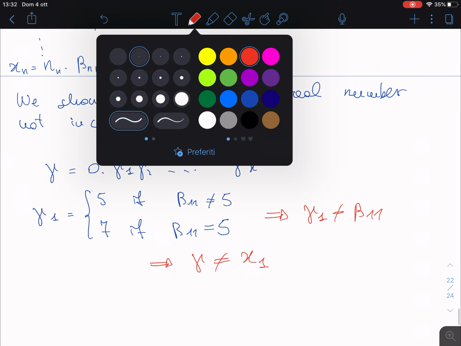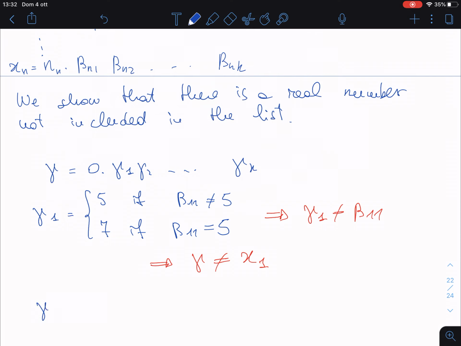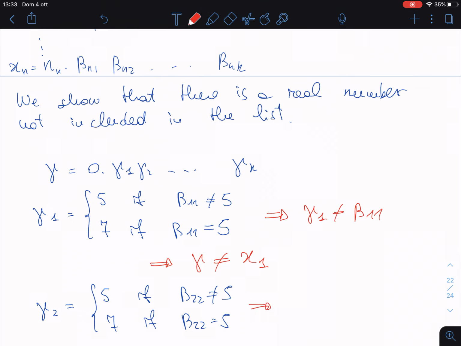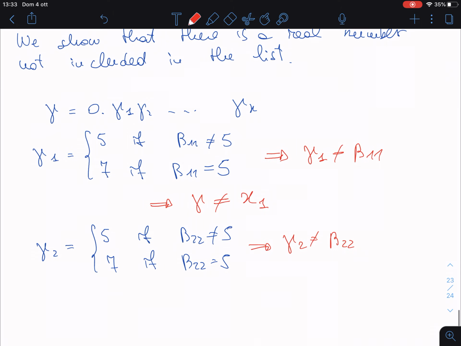Now you go to gamma 2 and you do exactly the same but with beta 22. 5 if beta 22 is not 5. 7 if beta 22 is 5. Again, gamma 2 is different from beta 22 due to this prescription, and then gamma is different from x2. So what happens here?